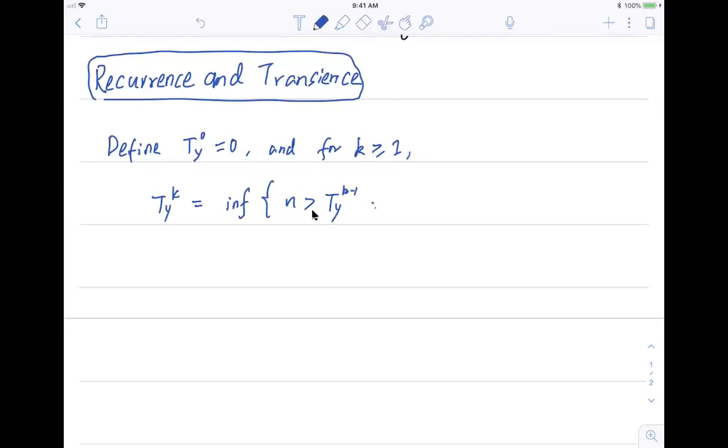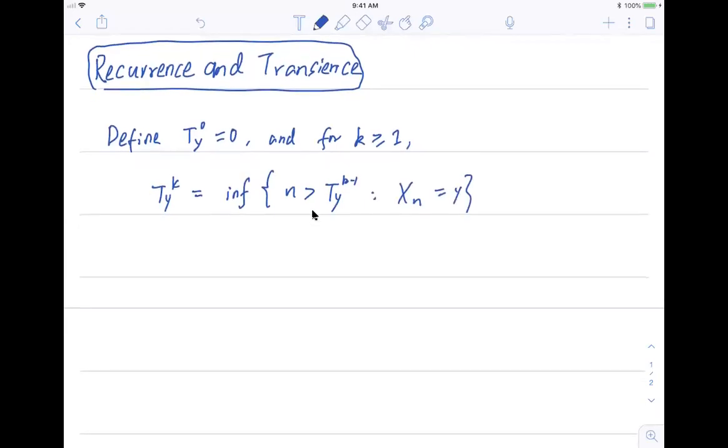What does this mean? This means the time of the k-th return to y.